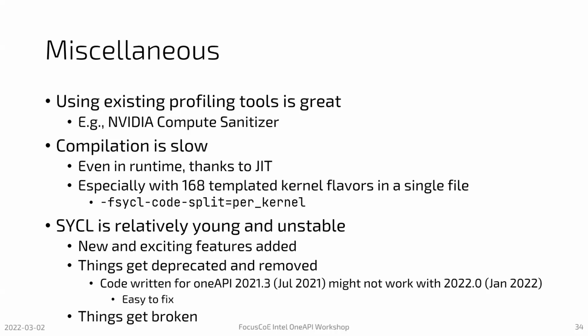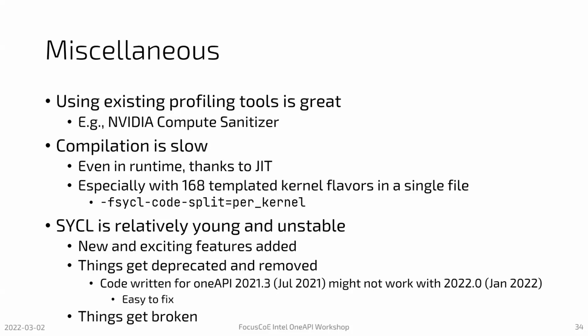Another thing to know, which is unlikely to affect other code bases, but was and still kind of is a problem for us, is that compilation is pretty slow. For example, in one file, we have 168 different templated flavors of a single kernel.